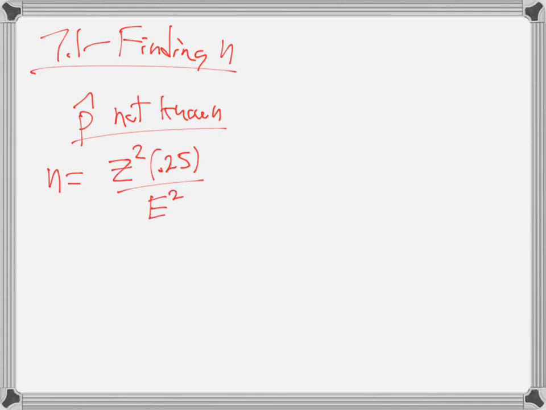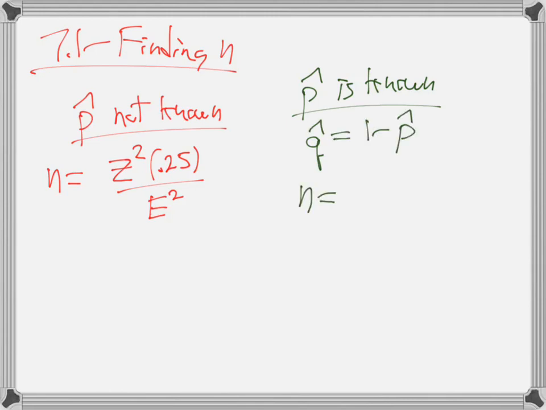And then over here, p hat is known. If you know something about the sample proportion, then q hat is 1 minus p hat, and n is z squared times p hat times q hat over e squared.